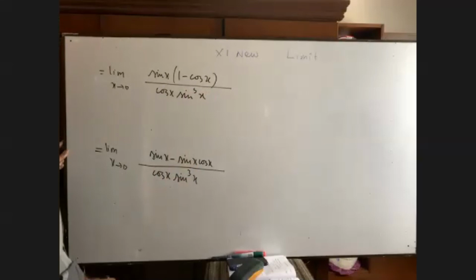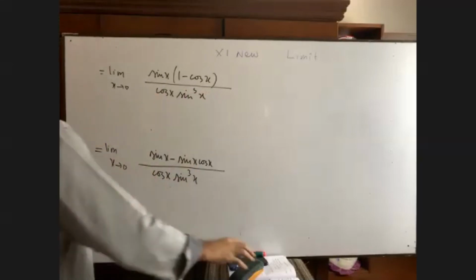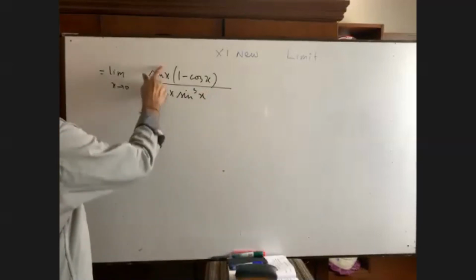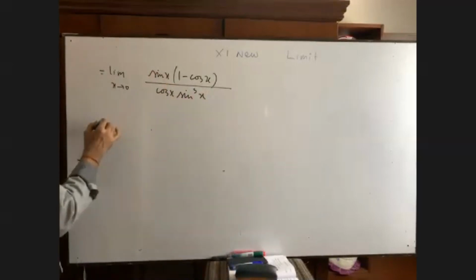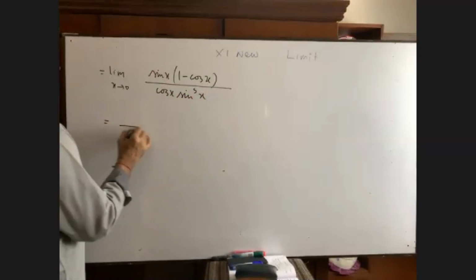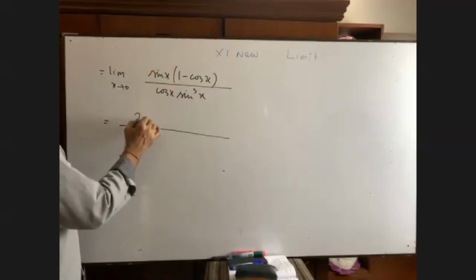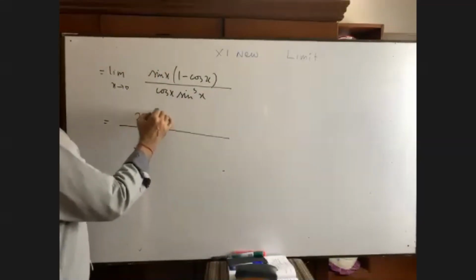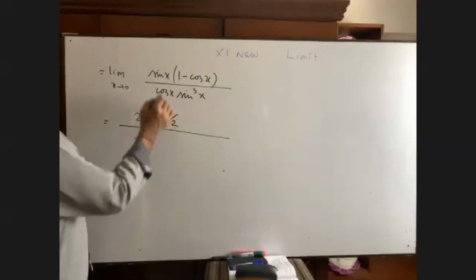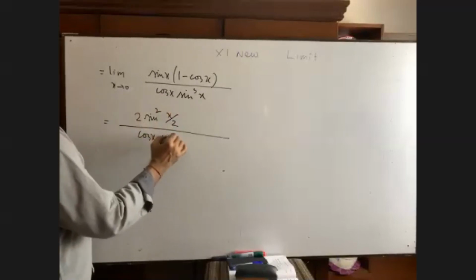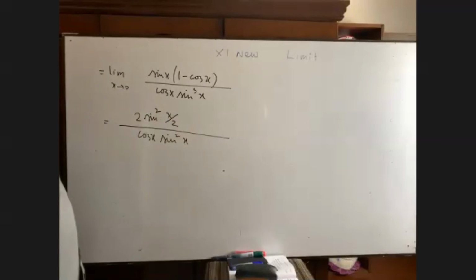Now you see sin x and sin cube x will be omitted, and there will be sin square x in the denominator. So 1 minus cos x equals 2 sin square x by 2, and this is cos x, and this is sin square x.